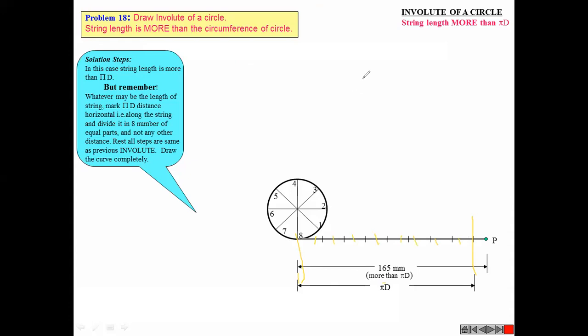The circle we have divided into 8 parts. Those 8 parts we have divided into the pi d only. Understand? This much is the extra. This length is more than the perimeter of the circle. Fine. Now the next step, as it was earlier.